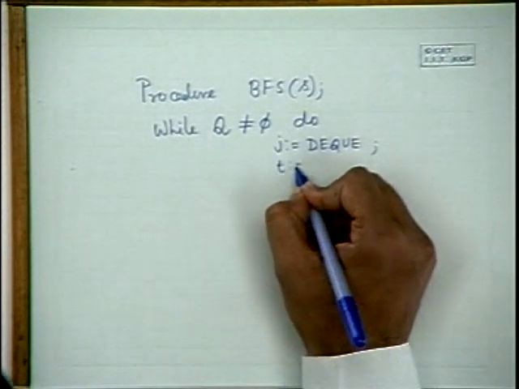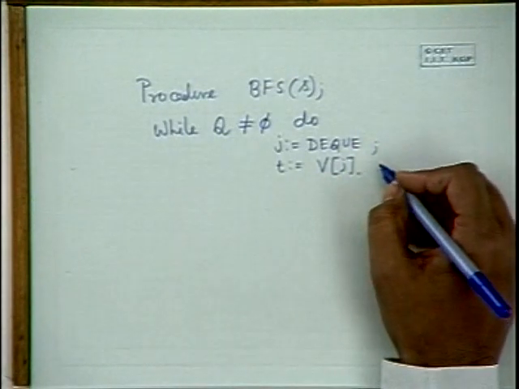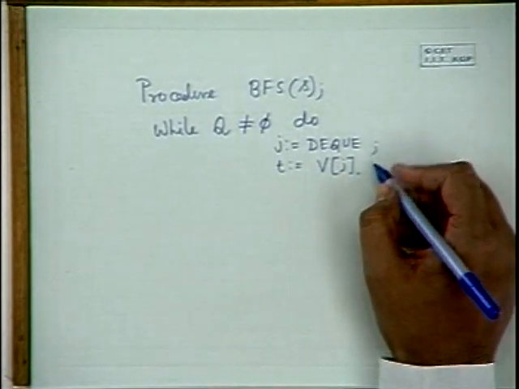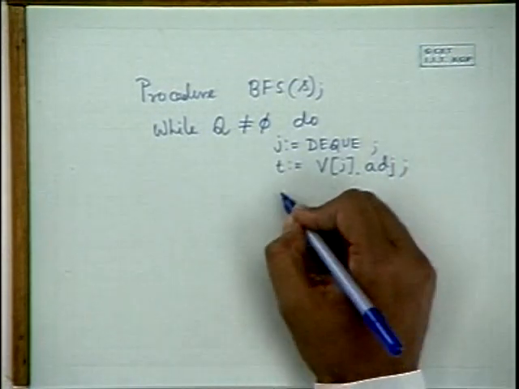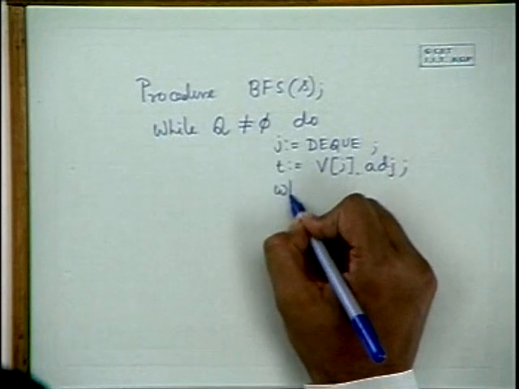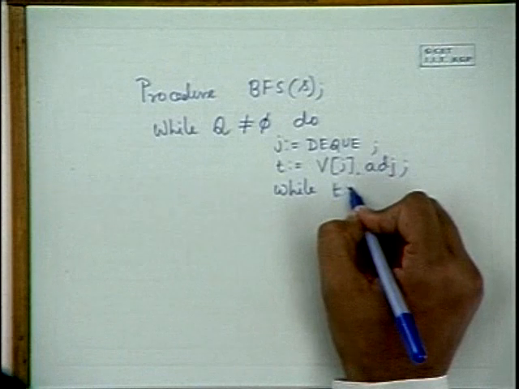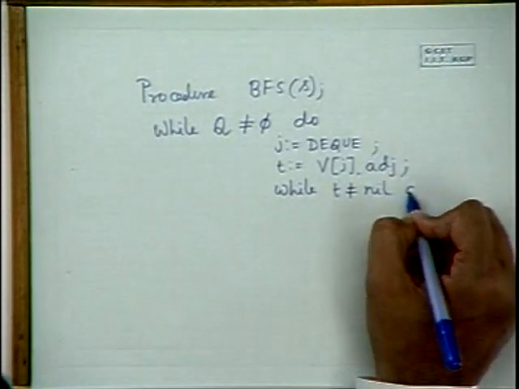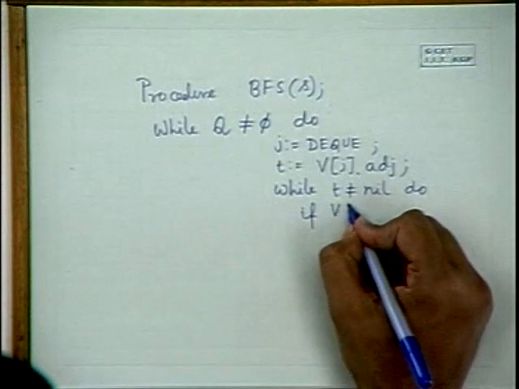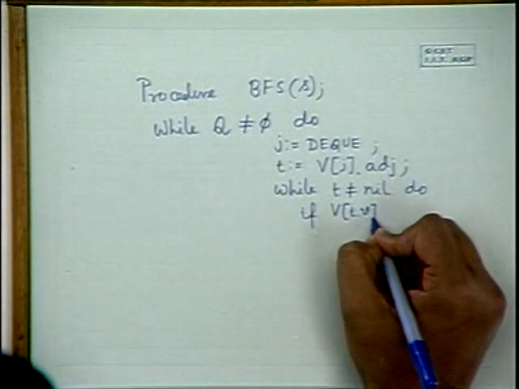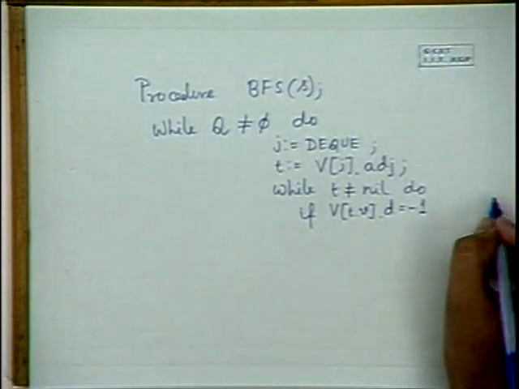Then t is equal to vj dot, if you go back to the data structure, this should be the adjacency list, so ADJ pointer. Then you go over all its neighbors. While t is not nil, do, if vt.v.d is equal to -1, that means it has not been visited.